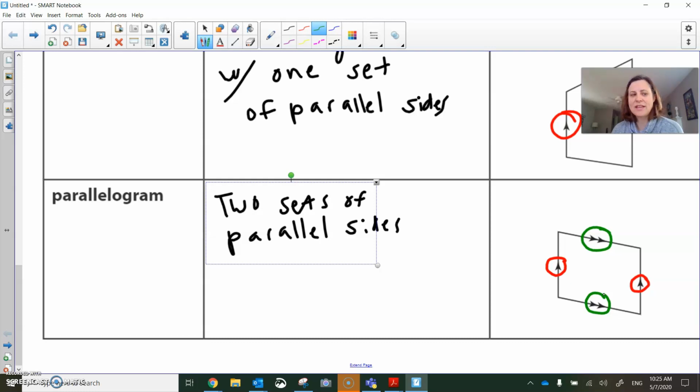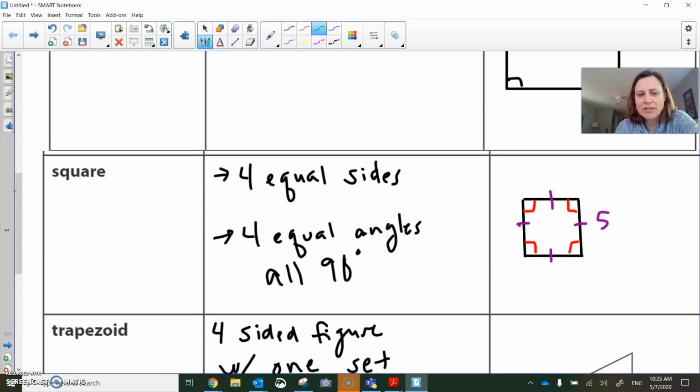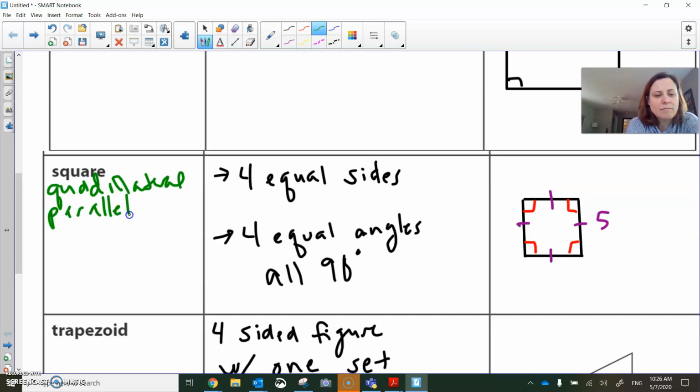So lots and lots of things have lots and lots of names. Like a square, you could call a square a lot of stuff. You could call a square a quadrilateral because it has four sides. It's a closed four-sided figure. You could call a square a parallelogram because it has two sets of parallel sides.